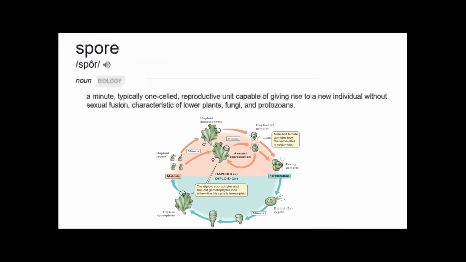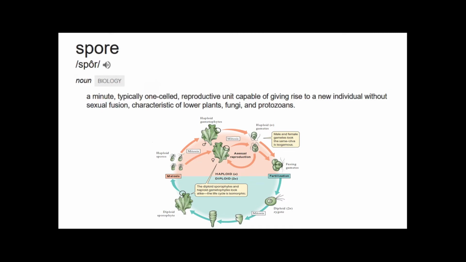So how is a spore different than a sperm cell or an egg cell, that is a gamete? How is a spore different from a gamete? Well, the difference is that a spore, like a gamete, is haploid, but unlike a gamete, a spore can reproduce its numbers of cells, even in that haploid state.